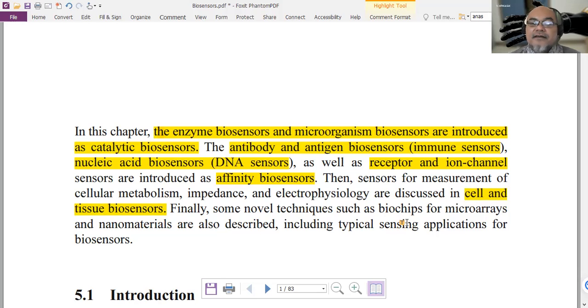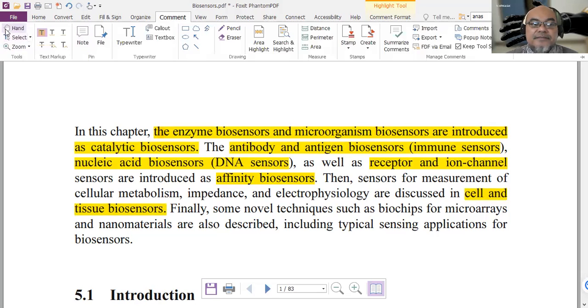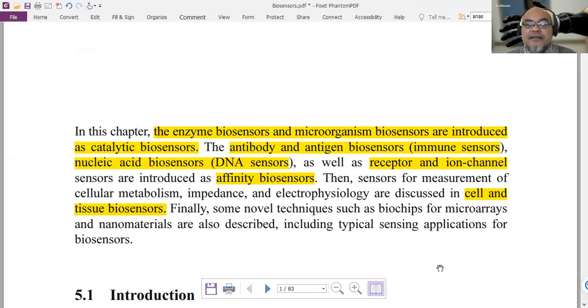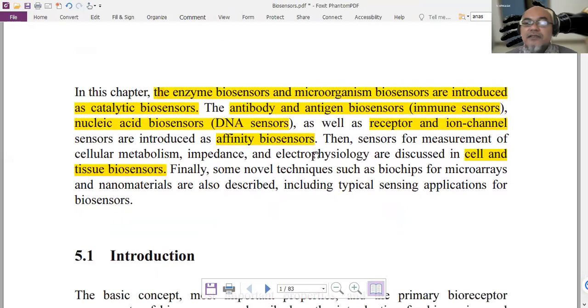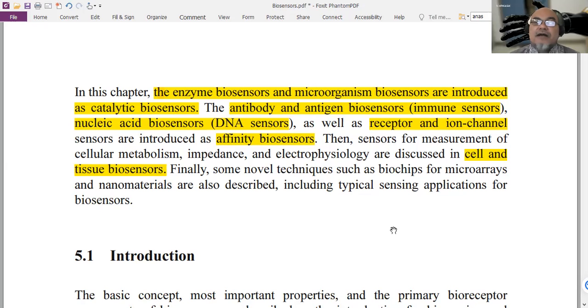Here we also cover other new technologies like microarrays and nanomaterials for various sensing applications. Maybe not yet in this book is the development of new materials like metal organic frameworks, MOF, to mimic the function of enzymes.